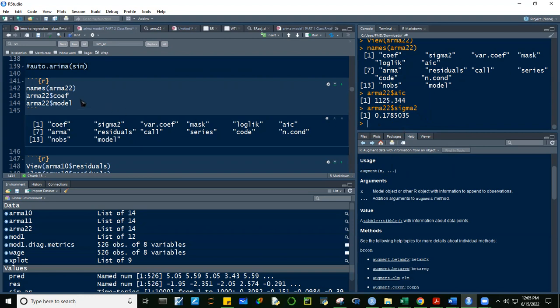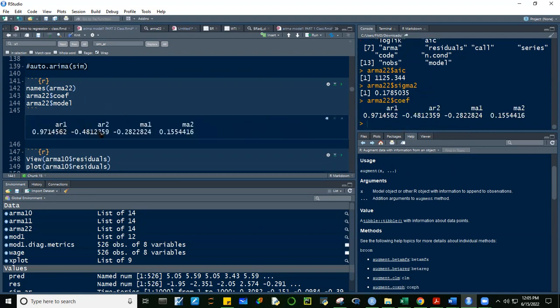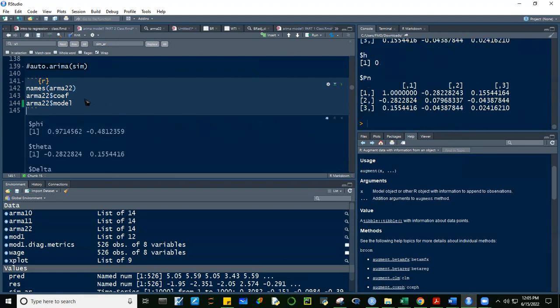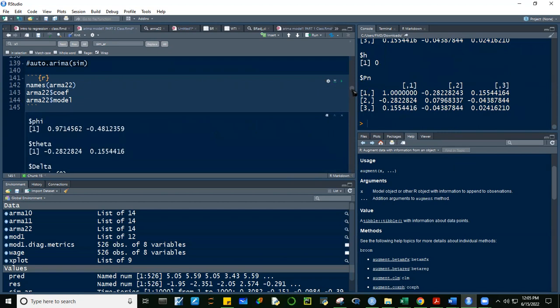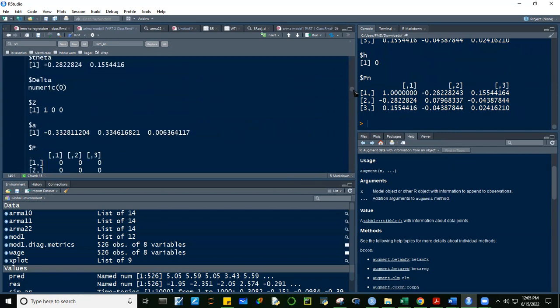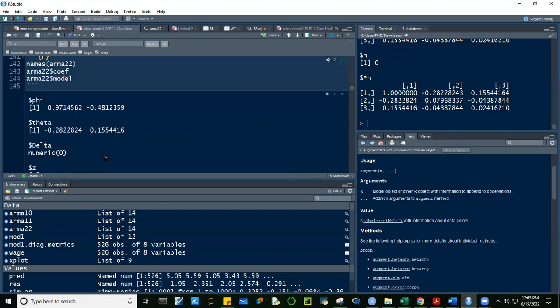Coefficient naman ito, yan yung mga parameters natin, no? And then ARIMA model. Okay. So dito may mga lumalabas guys sa ibang measures, no? Phi, theta, ano to? What are these?